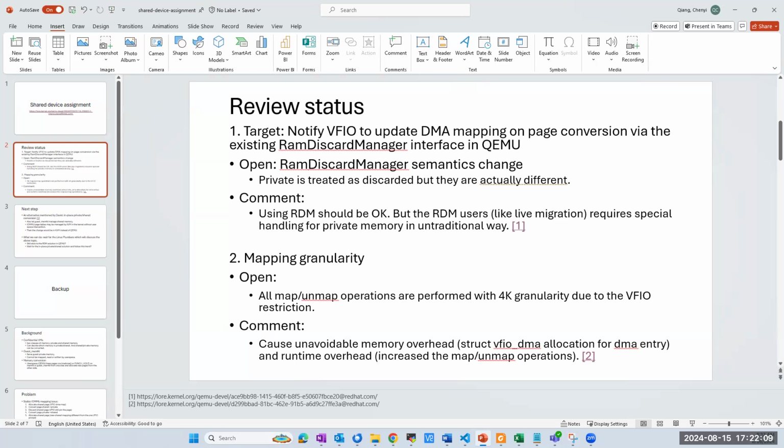Then QEMU wouldn't have to split DMA map operations into 4K chunks, because it can rely on the driver to unmap what it previously mapped, right? And if it's not for DMA, then a page state change doesn't necessarily have to trigger a VFIO mapping. But that means you need a paravirtual interface to tell it's for mapping.